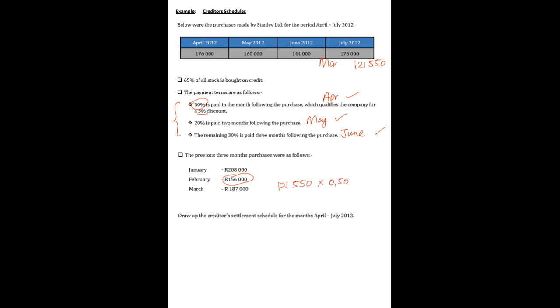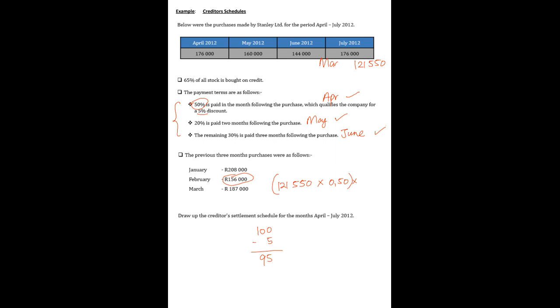But because we are paying 50% and it is in the next month, it qualifies us for a discount. We're going to get a 5% discount, so we're only going to pay 100 minus 5, which is 95% of this amount.